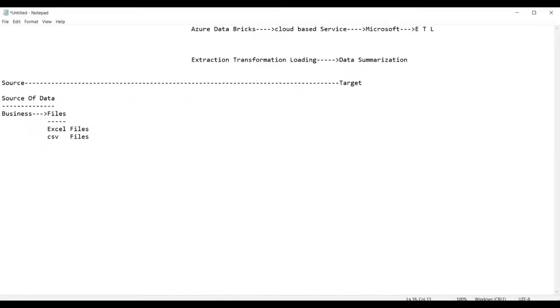And you have JSON files. JSON stands for JavaScript Object Notation files. And then afterwards you have the Parquet files.